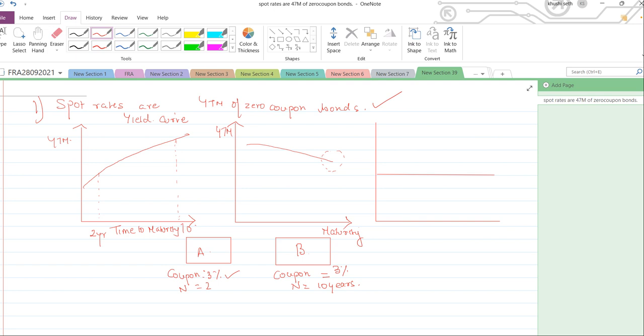A flat yield curve is basically telling you that the YTM of longer-term bonds equals the YTM of shorter-term bonds. But this assumption is incorrect. The yield curve will not always be flat.